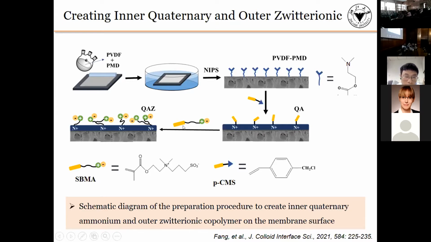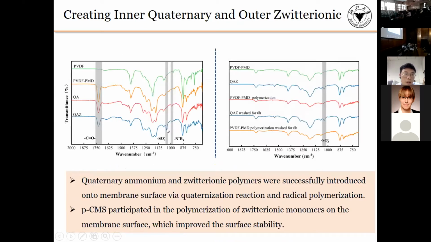Then in the third step, we use radical polymerization on the membrane surface. We bring the zwitterionic monomers onto the membrane surface. Then the inner surface is the quaternary ammonia and the outer surface is the zwitterionic copolymer. Here are the characterizations by FTIR. From 989 cm^-1, we can find the quaternary groups from the second step.